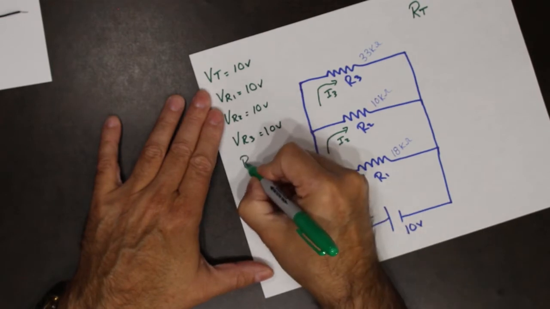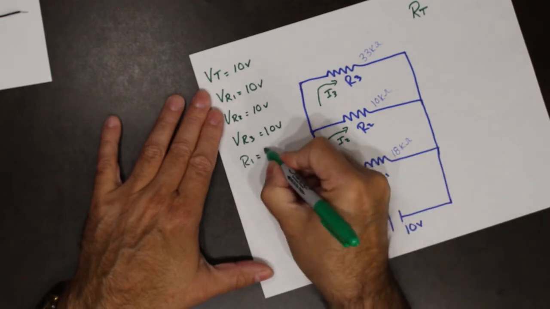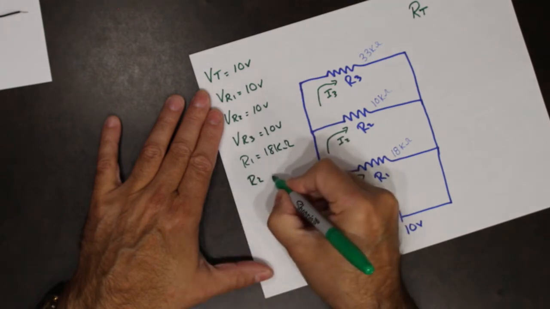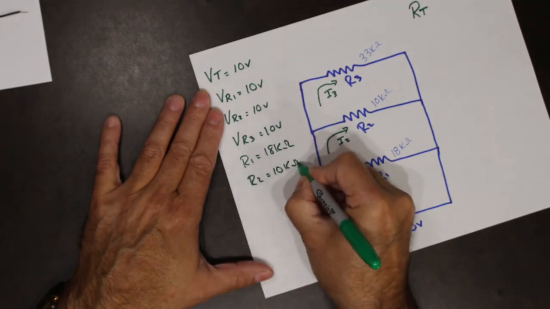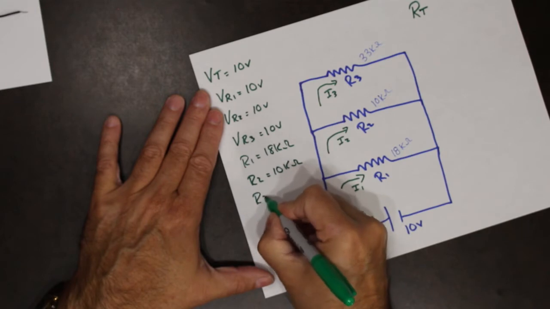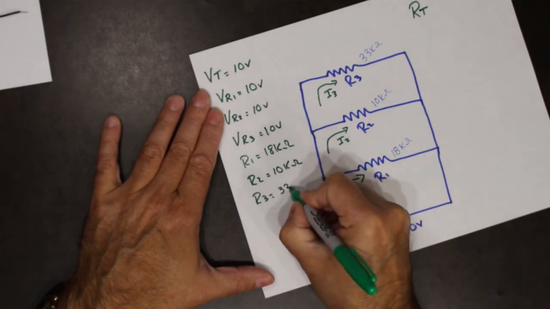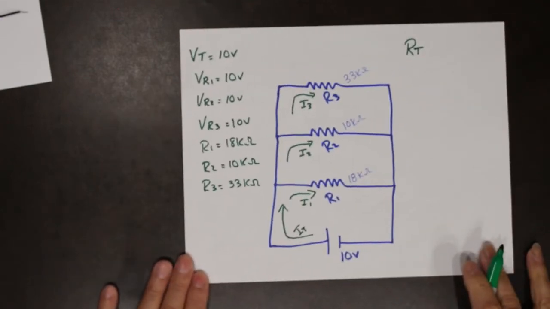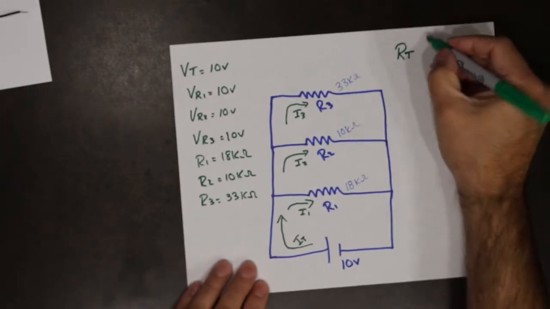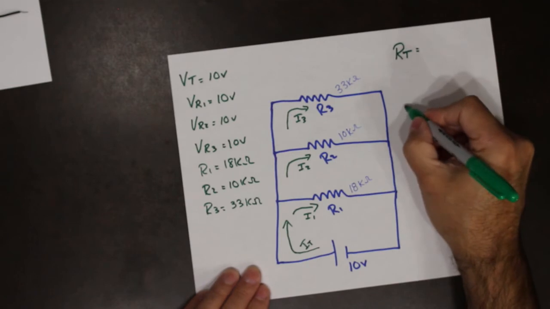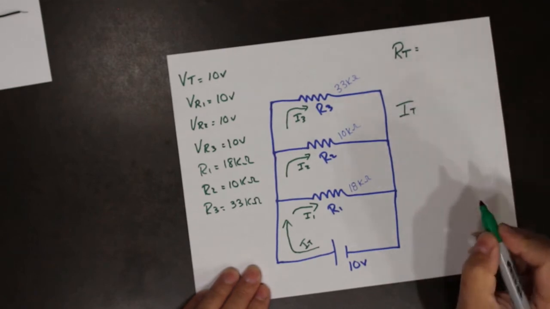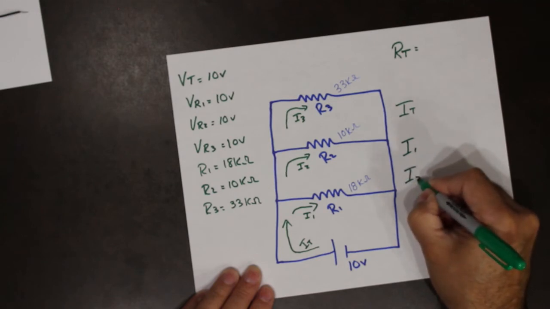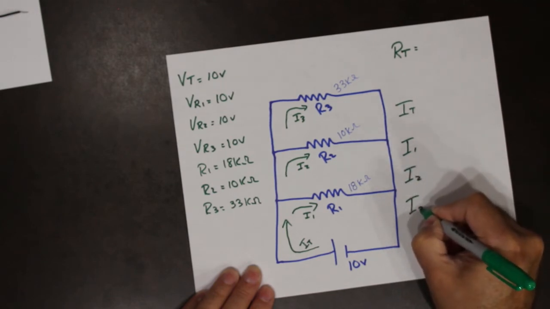We know R1 is 18K. We know that R2 is 10K. And we know that R3 is 33K. We know that from the colors. What we don't know is our total. We do not know I total. We do not know I1, I2, or I3.